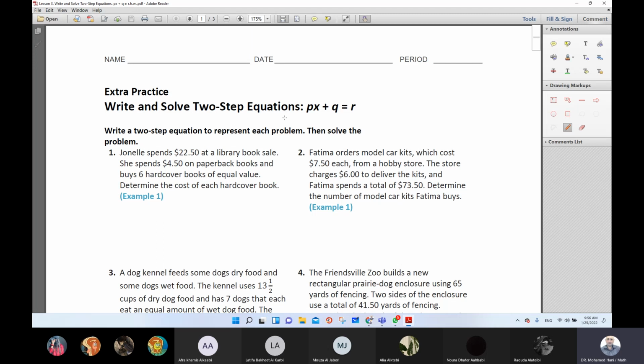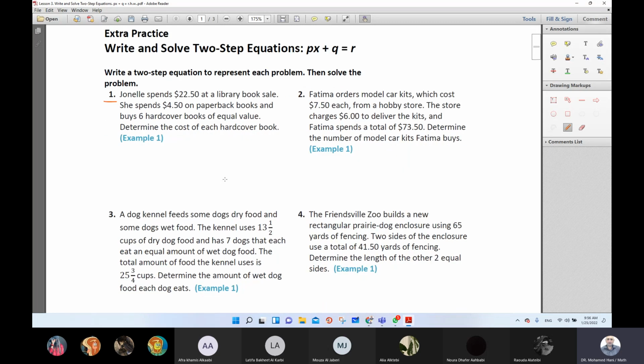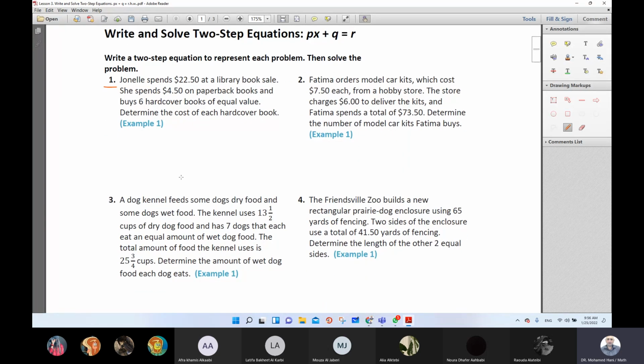Write and solve two-step equations, px plus q equal r. Write a two-step equation to represent each problem, then solve the problem. Who can read exercise number 1, please? I want all of you to read it.